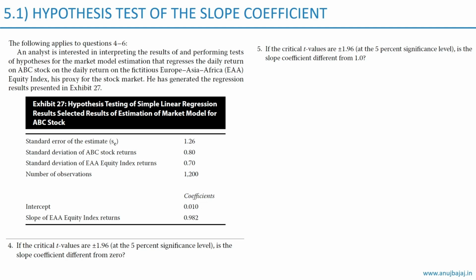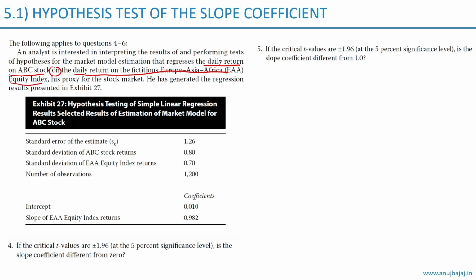Let us solve the following question. An analyst is interested in interpreting the results and performing the test of hypothesis for the market model estimation that regresses the daily return of the ABC stock on the daily return of the EAA equity index. He has generated the regression results as follows.